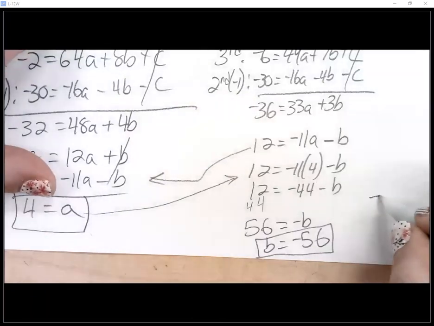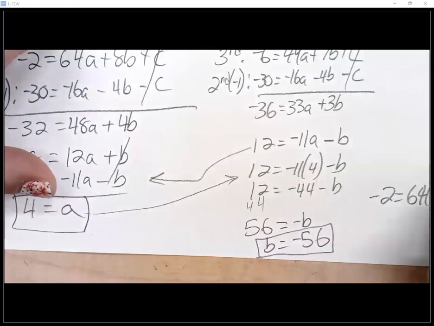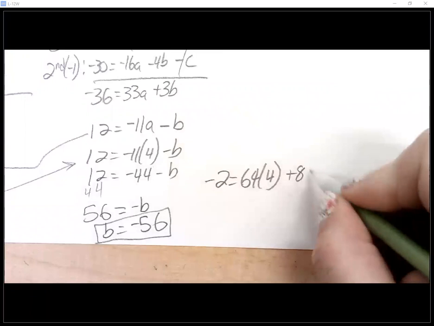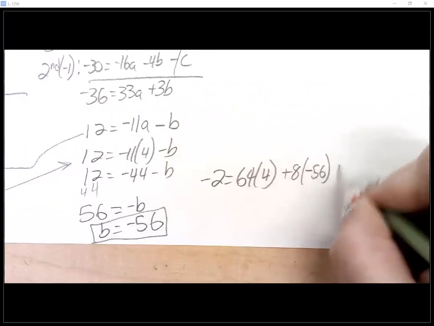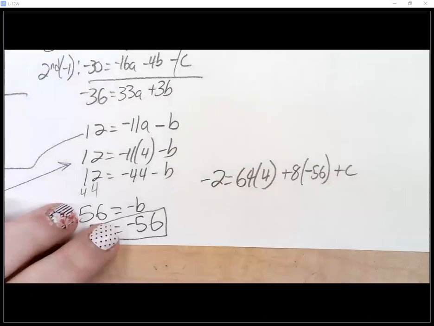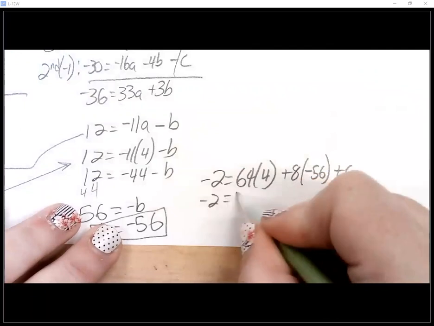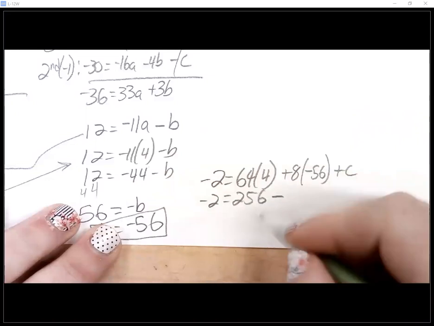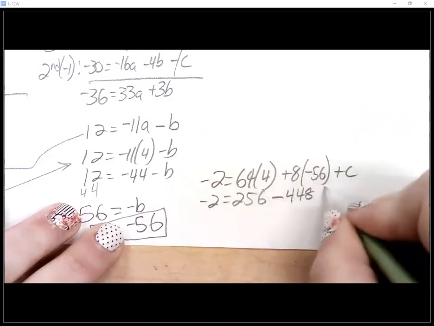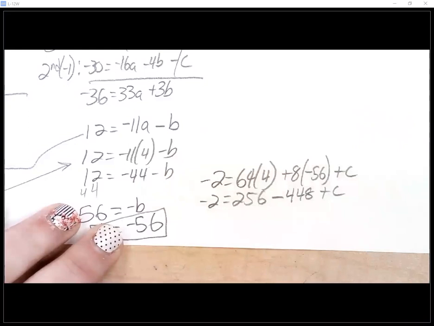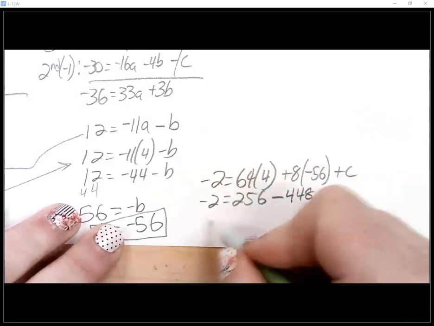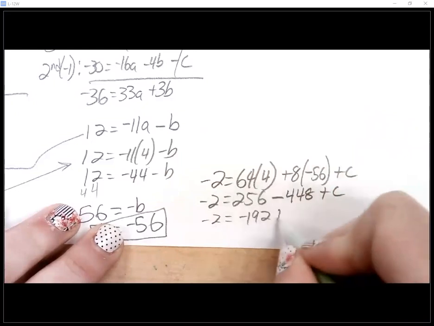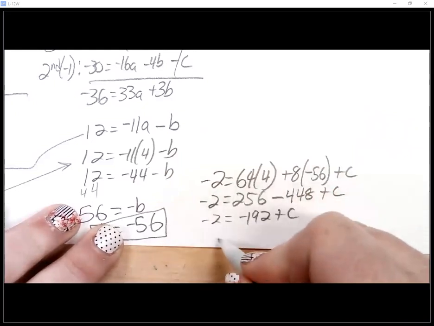Negative 2 equals 64 times A is 4, plus 8 times B is a negative 56, plus C. So I will have my calculator do this for me. 4 times 4 is 256. 8 times 56 is 448. 256 minus the 448 is negative 192. Add that 192 over. So wouldn't that just be a positive 190?